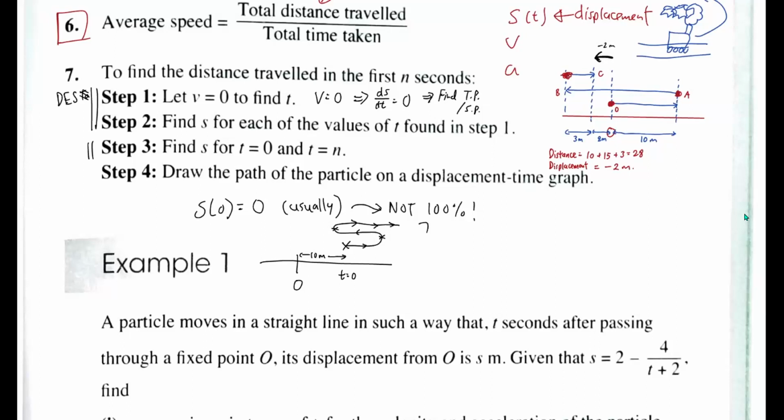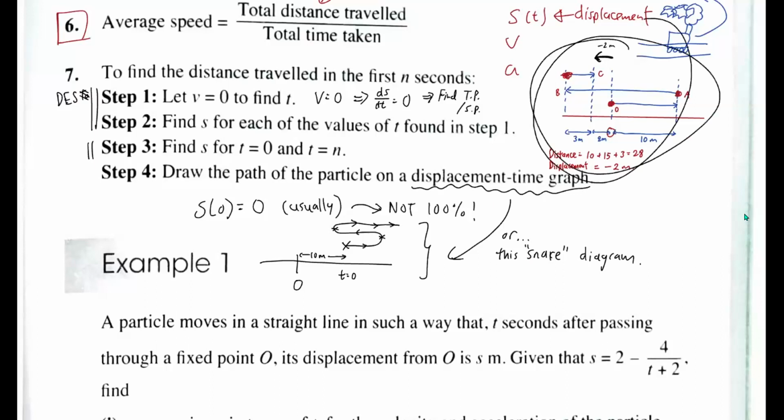Instead, what they're describing is this diagram, which I'll call a stick diagram, or snake diagram. Draw it because it will help you a lot to figure out the distance traveled. From the diagram, you can immediately tell the difference between the distance and the displacement, right?